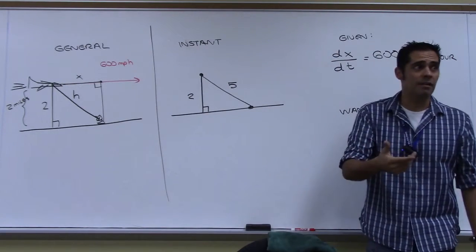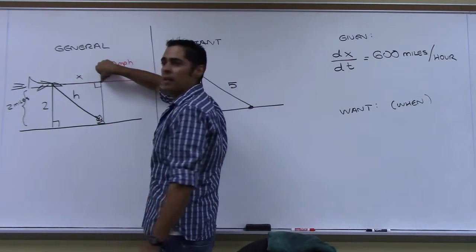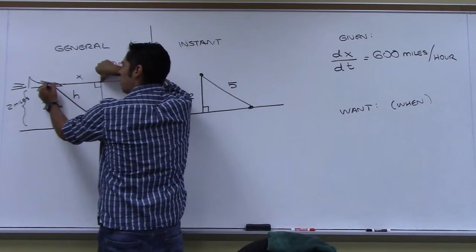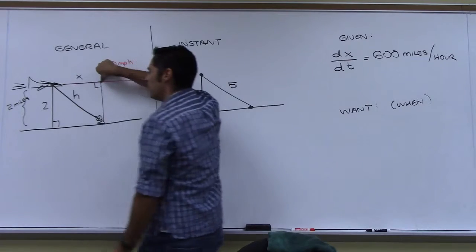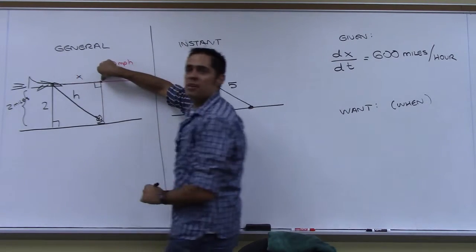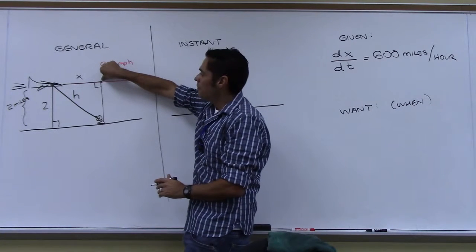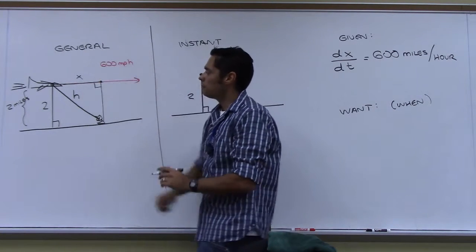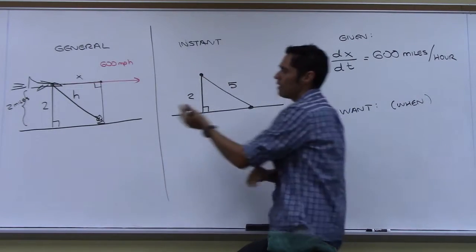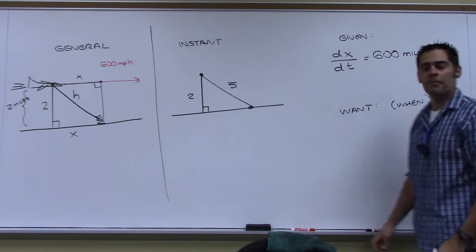Do you agree or not? If this point is not moving, and this point is the plane, how fast is that point coming towards this point? 600 miles per hour. That means x is changing at a rate of 600 miles per hour. Yeah? But if I call that side x, I can call this side x too. Right?